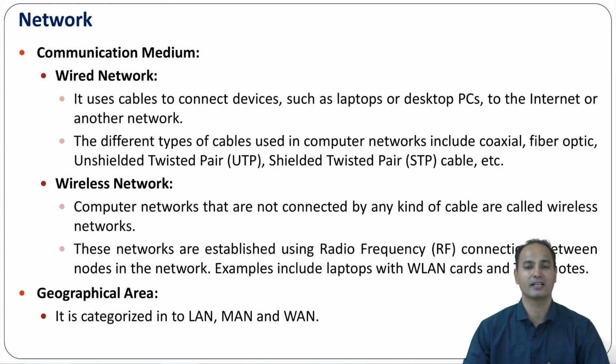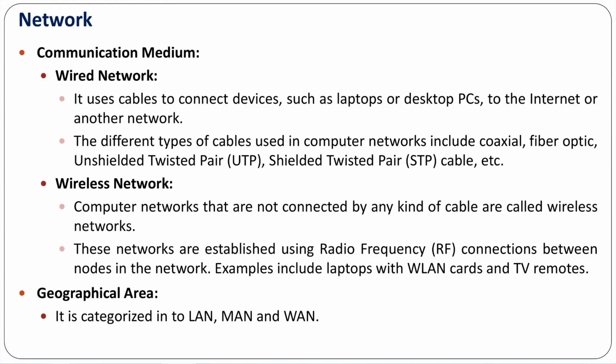These networks are established using radio frequency connections between nodes in the network. Examples include laptops with WLAN cards and TV remotes. It is also categorized in terms of geographical areas as well. It is categorized in the form of LAN, MAN and WAN.